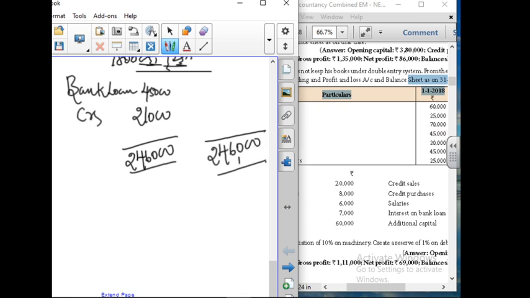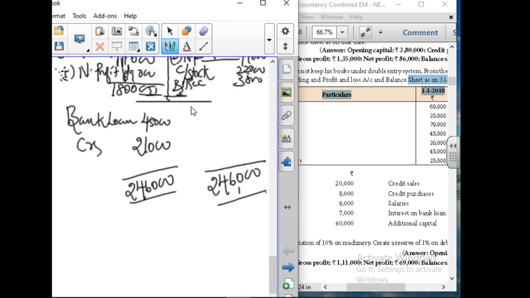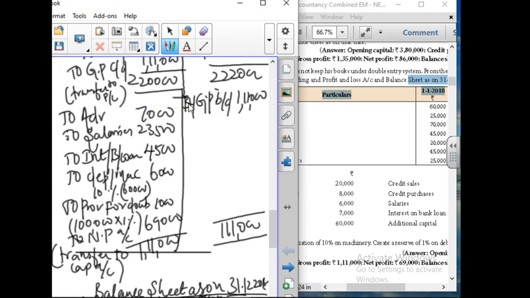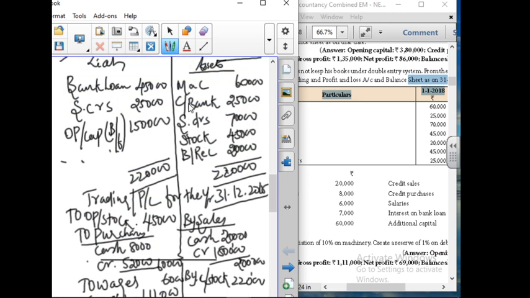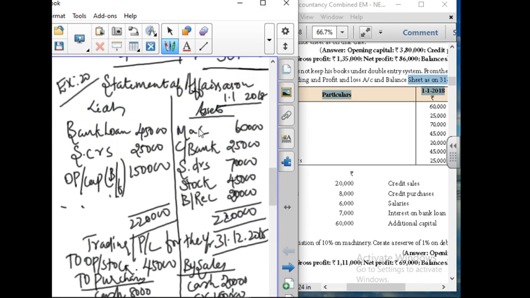Let us recall the problem that has been presented. Just look from the first, we'll see what are the things we have done. This exercise 20. Since the total debtors account and creditors account we have not opened, since the information is given about the credit sales and credit purchases, we have directly found out the opening capital.